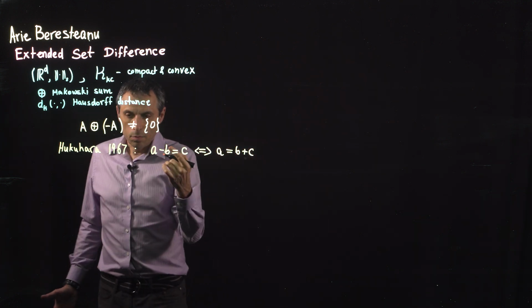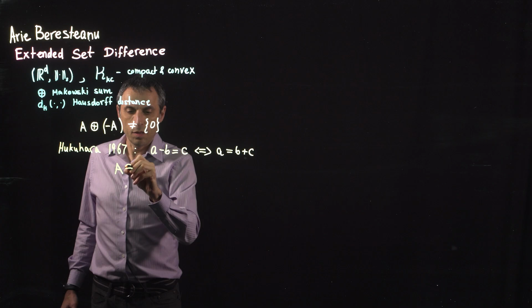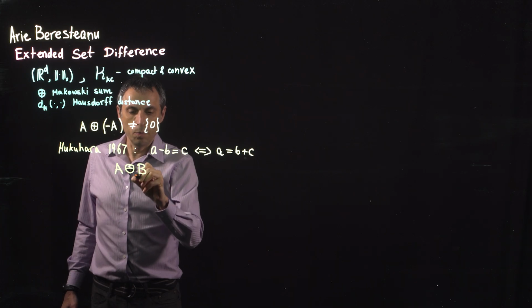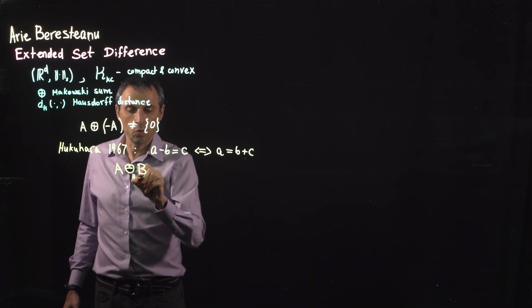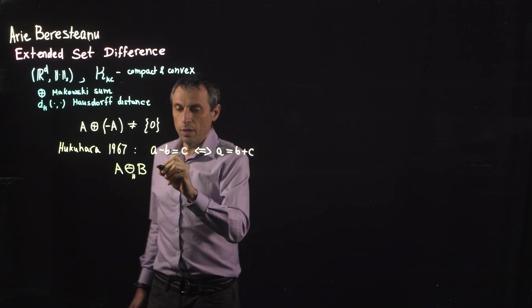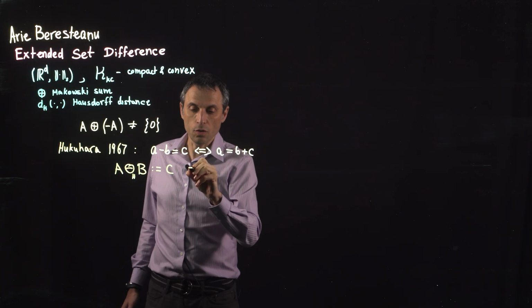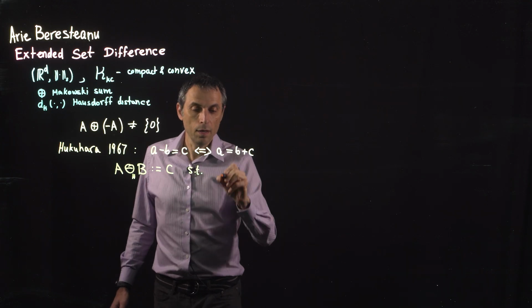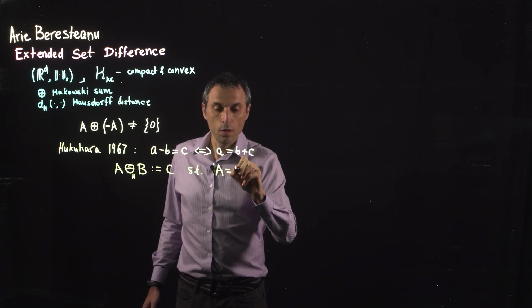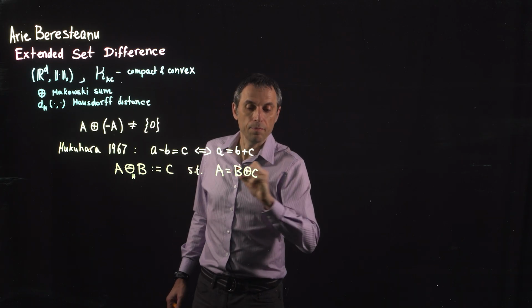So the Okuhara difference of a set A minus a set B, and we will put here a letter H to remind us that it's an Okuhara difference, is going to be equal to a set C, such that A is equal to B Minkowski sum, well defined, C.